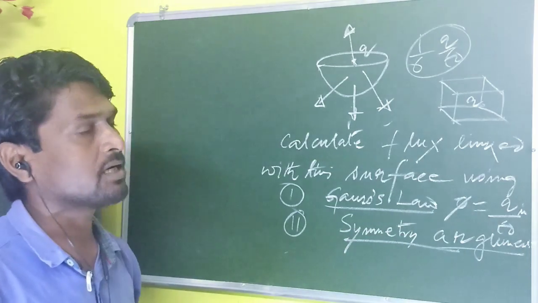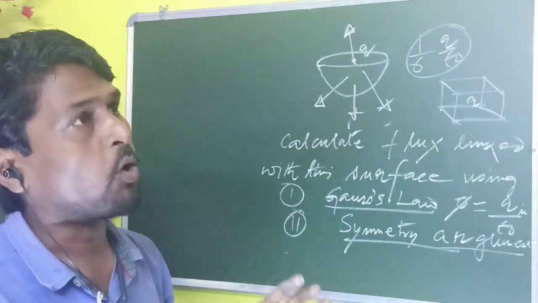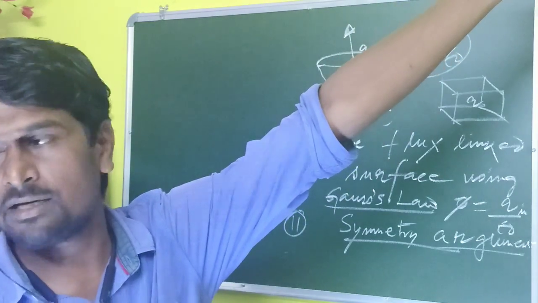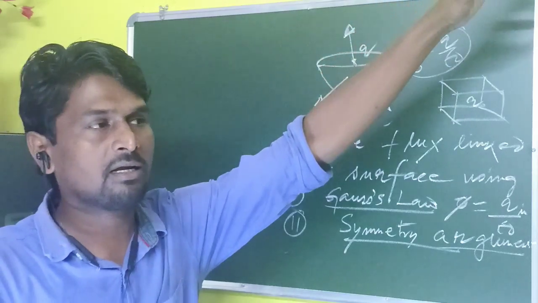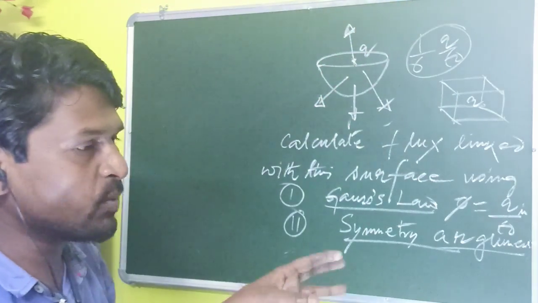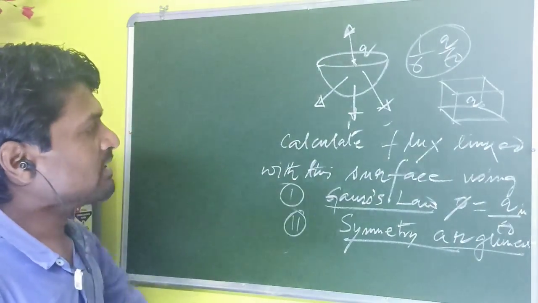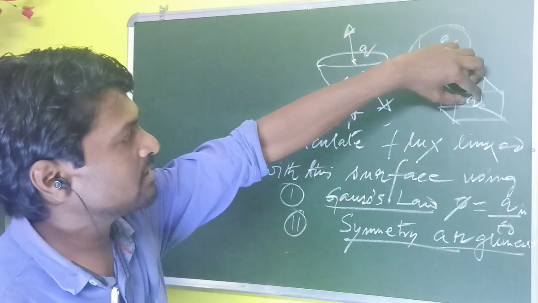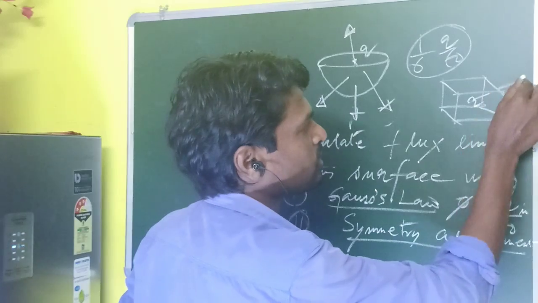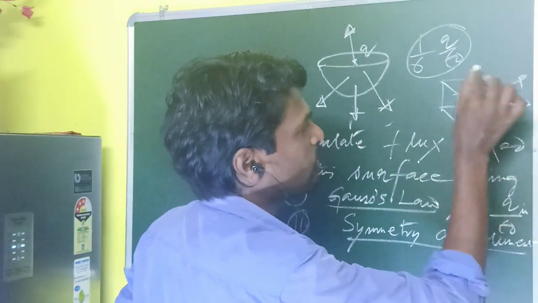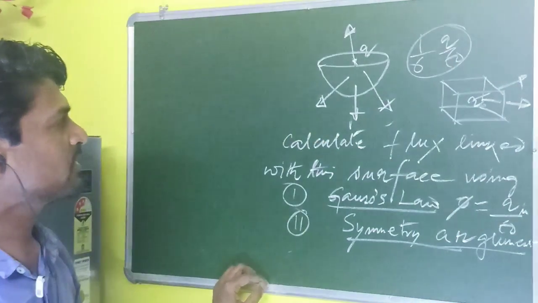But if the light is on one particular wall, then the walls are not equally lit. So the charge is placed at the center, and you can easily calculate the flux through a particular surface as 1 by 6 Q by epsilon naught.